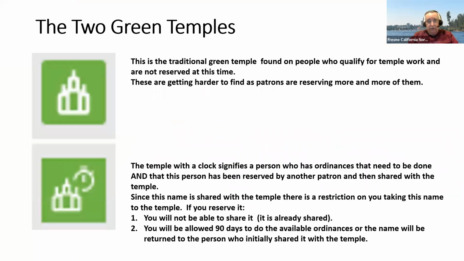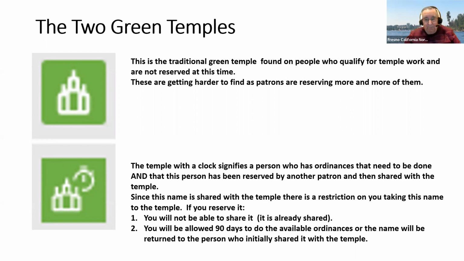That we use. The green ones, we know there's two versions of the green. The regular green temple, that means that that person's qualified for temple work. Those are getting harder to find in the system because there are so many people looking for names to reserve, but they're still out there. What you'll find more often than not, though, is the green temple with the clock.